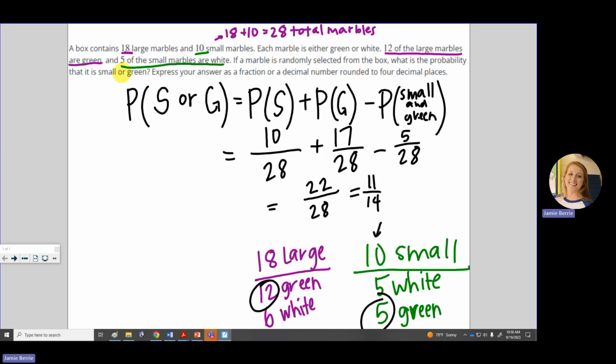Or if you wanted to do the decimal, it says you can round your answer to 4 decimal places. That would be 0.7857.